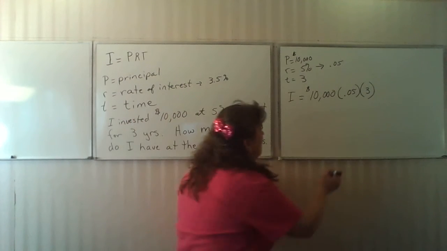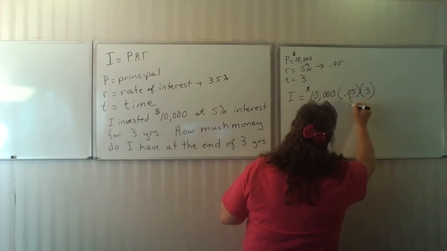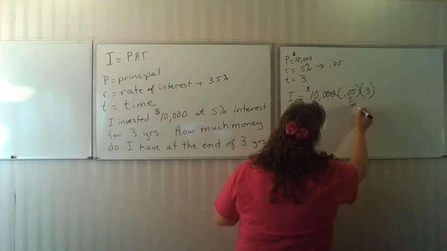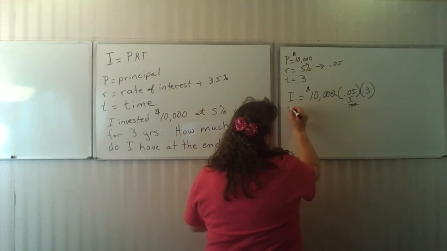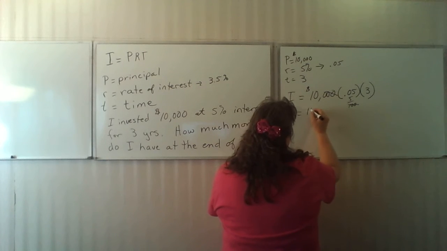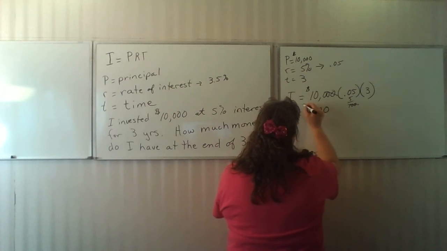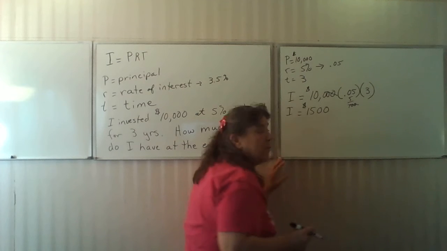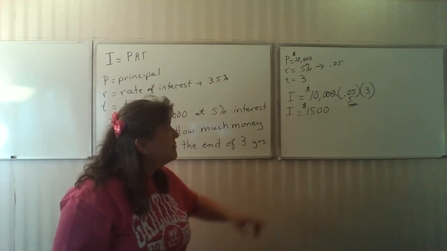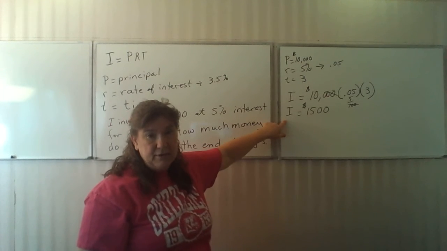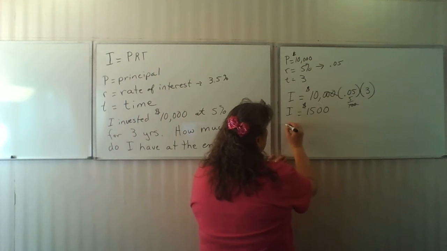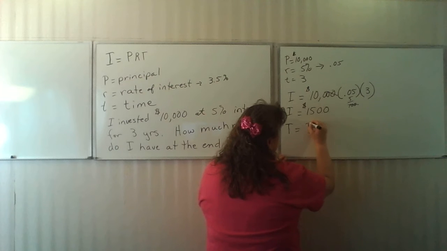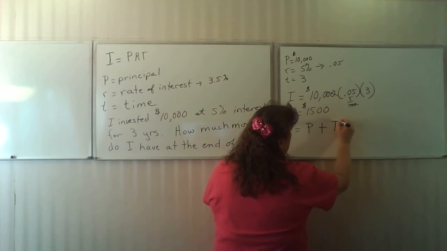So how much is that going to be? Well, this is 5 over 100, so 2 zeros, 15 times that, so my interest equals $1,500. And now, how much money do I have? This is my interest of $1,500. How much money I have, my total amount, is my principal plus my interest.